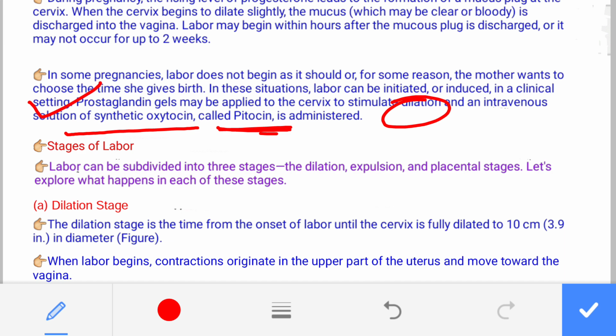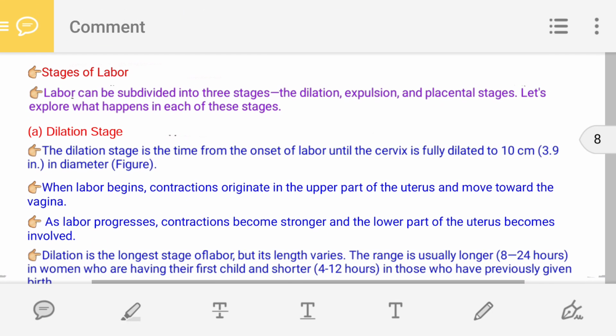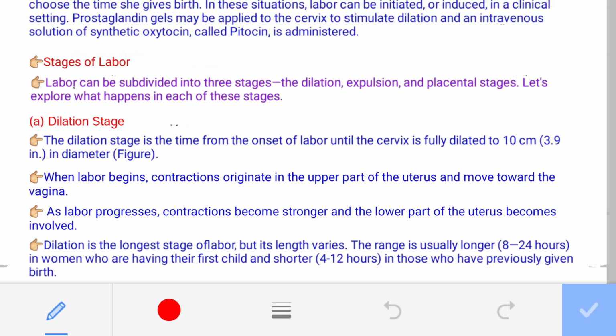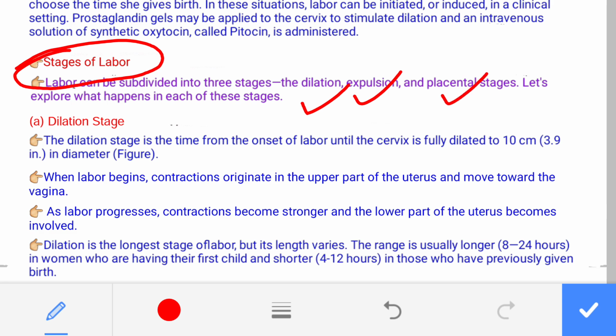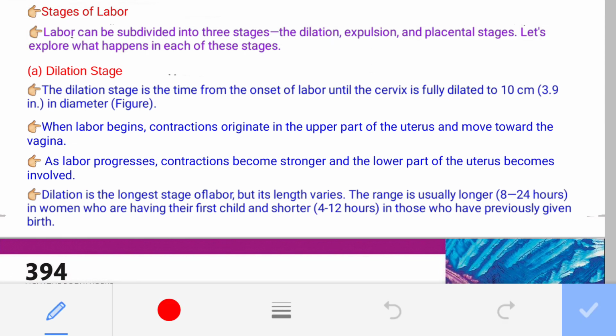Now the stages of labor. The process of labor is divided into three stages. One is the dilation stage, second is the expulsion stage, and third is the placental stage. One by one we are discussing all the stages.